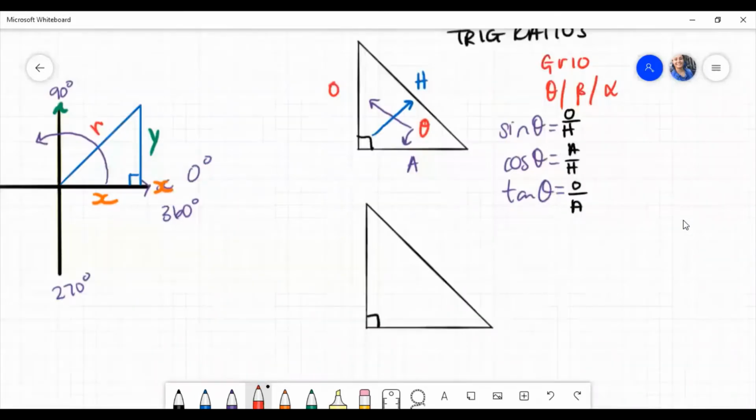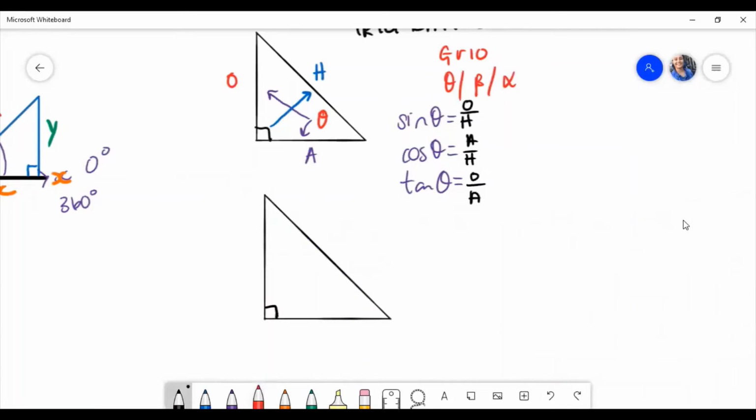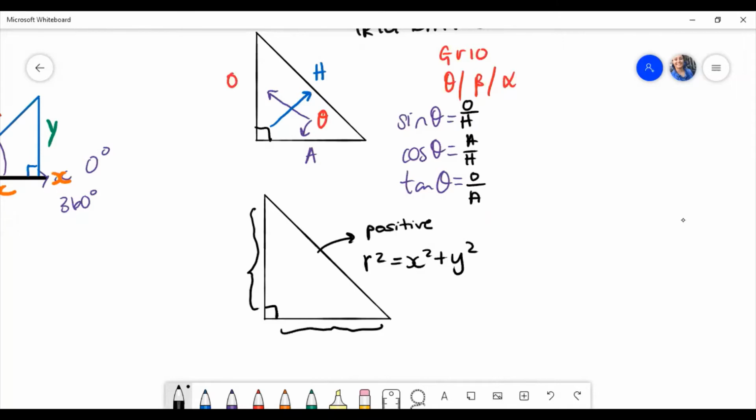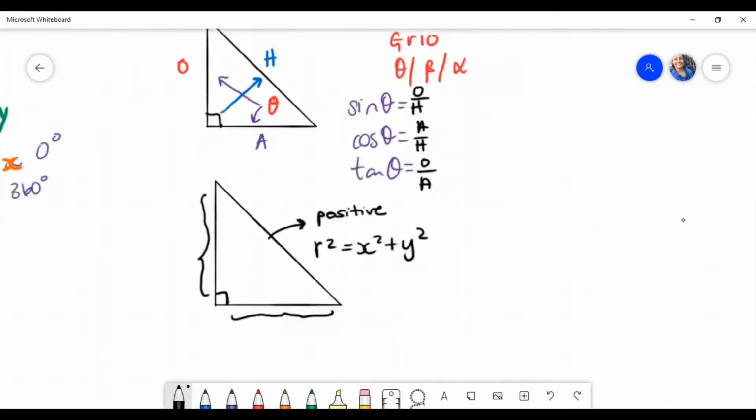Now, according to Pythagoras, r squared is in fact equal to x squared plus y squared. That is why we would always consider the radius to be a positive length in the Cartesian plane, because it is like your circle.